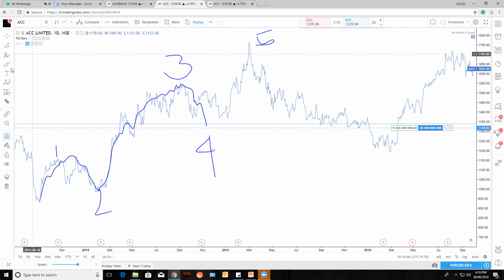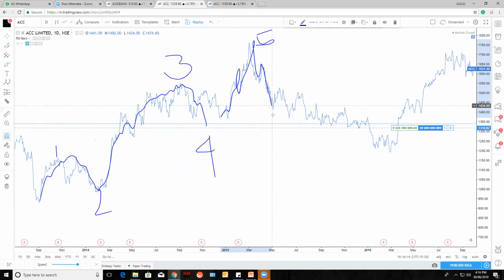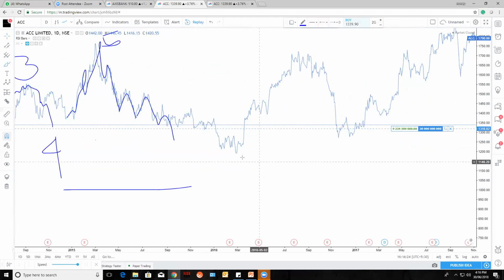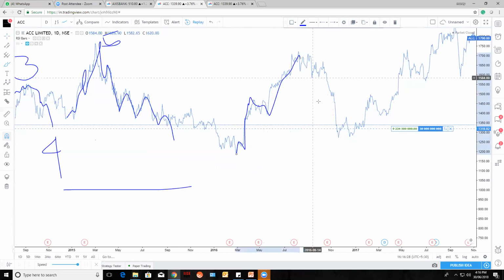After that, you will see clearly here also one time move, a second time move, and a third time move, and correction you see 2 times. After that, again 2 times, ABC. Let's say this piece, again you will get simple waves, right? 1, 2, 3, 4, let's say 5.